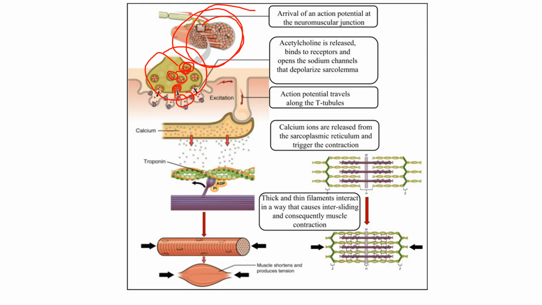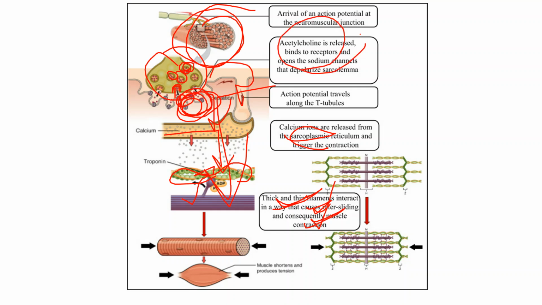Acetylcholine comes and binds to the nicotinic acetylcholine receptors, and after that, the sodium channel opens and depolarizes the membrane, and then the calcium channels also open, and calcium binds to the troponin, and there is an interaction of the actin and myosin filaments, which triggers the contraction. The thick and thin filaments, that is myosin and actin, interact and cause the intersliding, and further they do the muscle contraction. So in this way muscle contraction happens, with the help of the neurotransmitter acetylcholine.